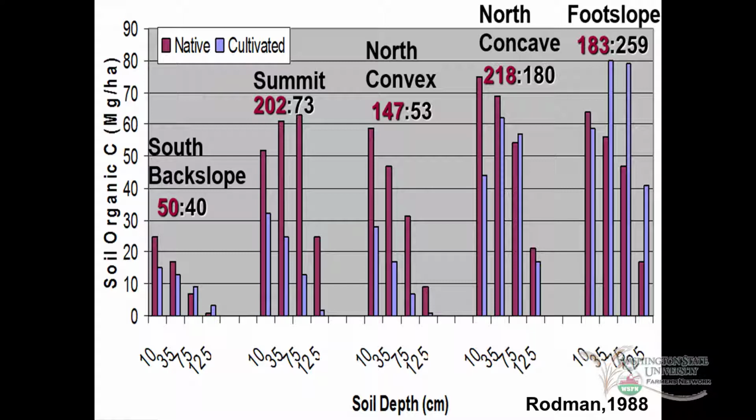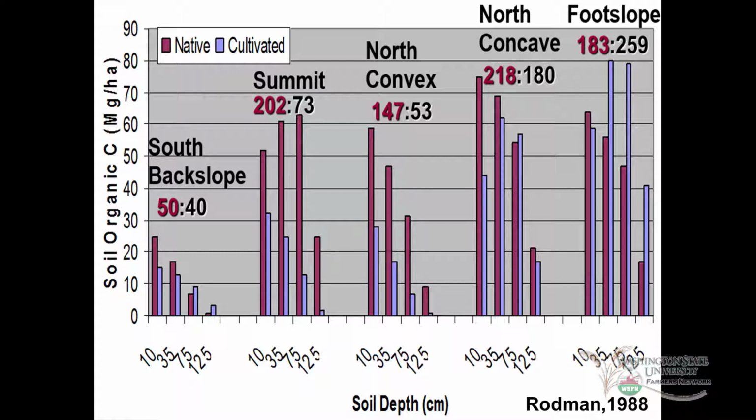You can see the impacts of 100 years of cultivation, 50 versus 40 in terms of megagrams of carbon. At the summit position, there are the most impacts, and you can consider that erosion has probably played a key role here. There was a lot more carbon here to begin with, and then we lost a lot in that particular position. As you move to the north side and the north concave, things shift around a little bit, still losing quite a bit of carbon throughout the soil profile.